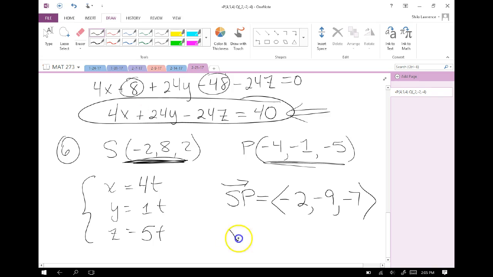We need the vector that's being used to tell us the direction of the line. And that we just pull right out of our set of parametric equations. 4, 1, 5, yep, it's our coefficients.